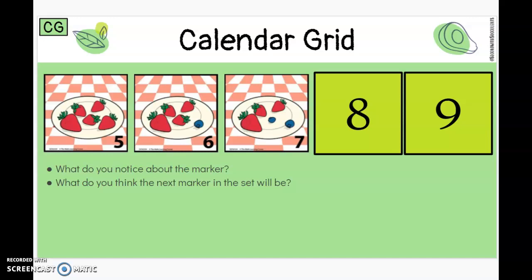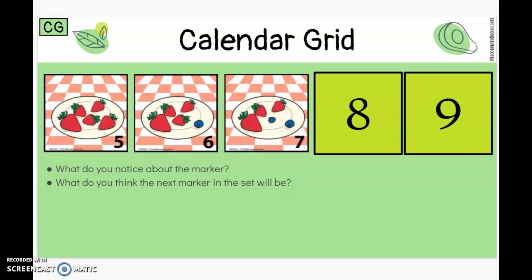Show a connection if you noticed that now there are 2 blueberries. Yeah. Do we have the same amount of fruit? Thumbs up if you think, well, yeah, we still have 5 pieces of fruit. You're correct. We do still have the same amount. We have 5 pieces. But now we have 3 strawberries and 2 blueberries.